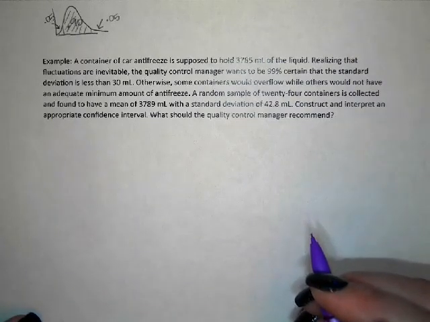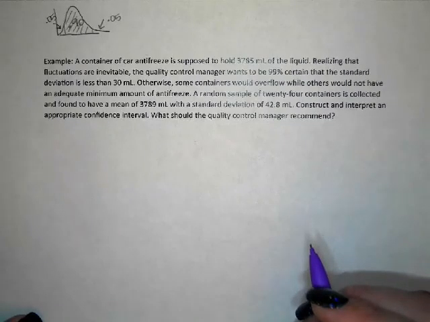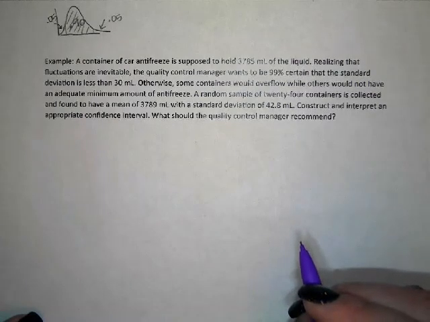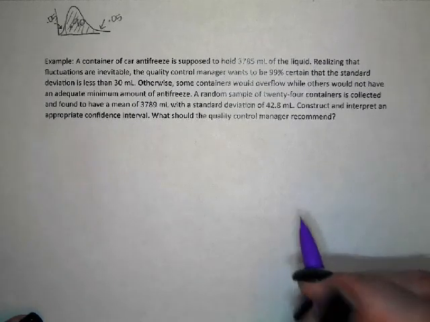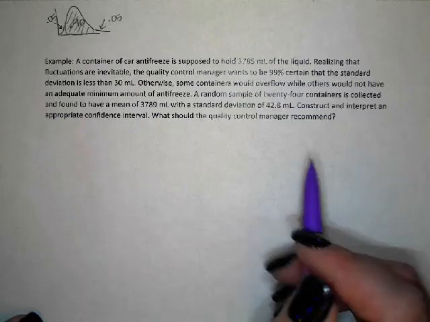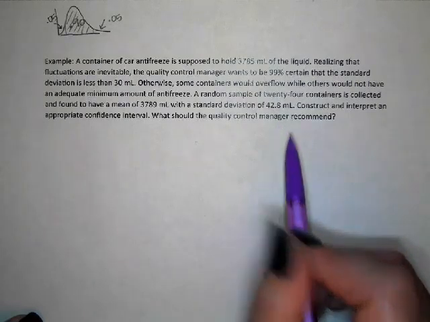Realizing that fluctuations are inevitable, the quality control manager wants to be 99% certain that the standard deviation is less than 30 milliliters. Otherwise, some containers would overflow while others would not have an adequate minimum amount of antifreeze. A random sample of 24 containers is collected and found to have a mean of 3,789 milliliters with a standard deviation of 42.8 milliliters. Construct and interpret an appropriate confidence interval.